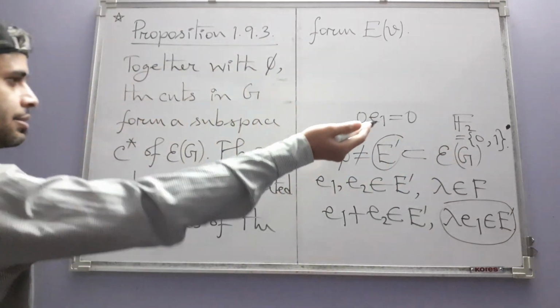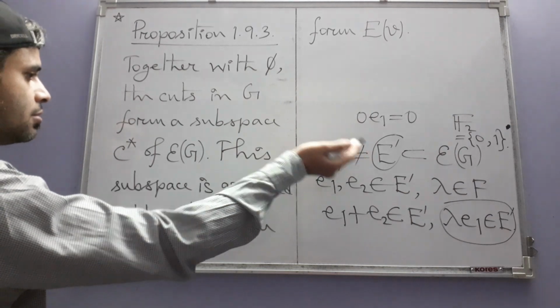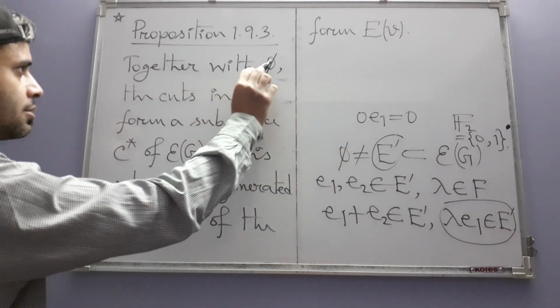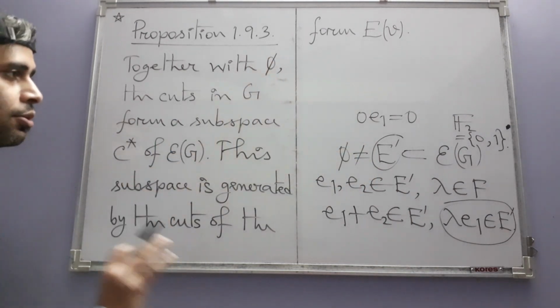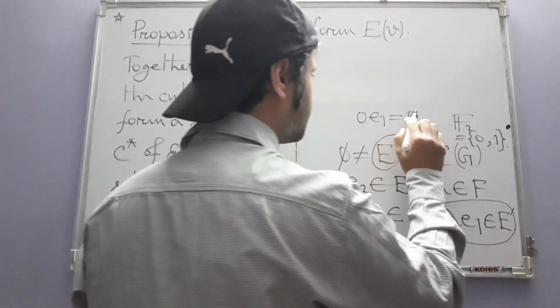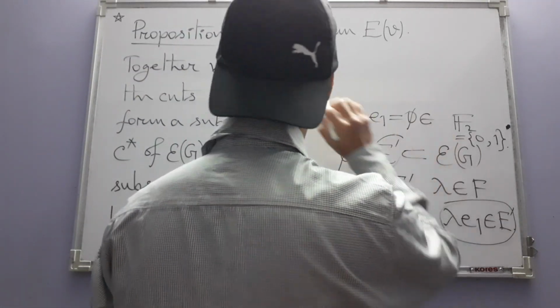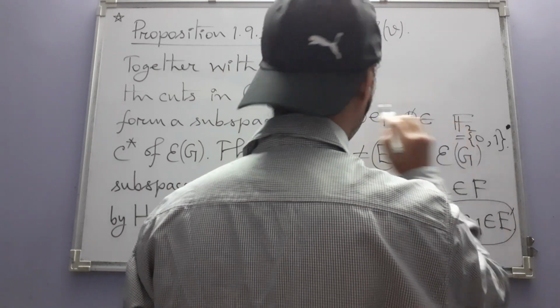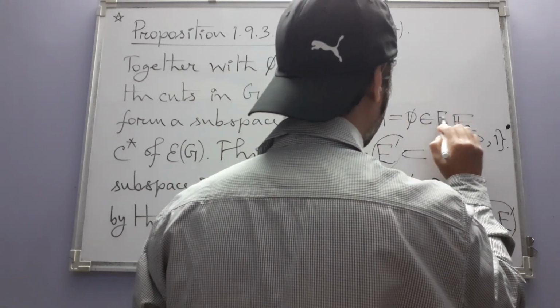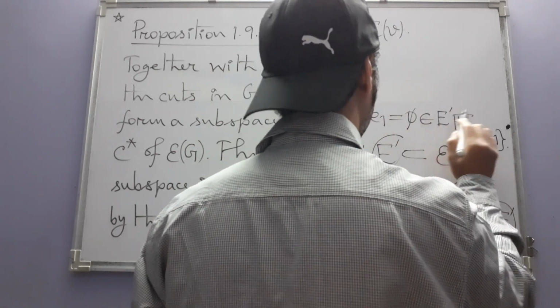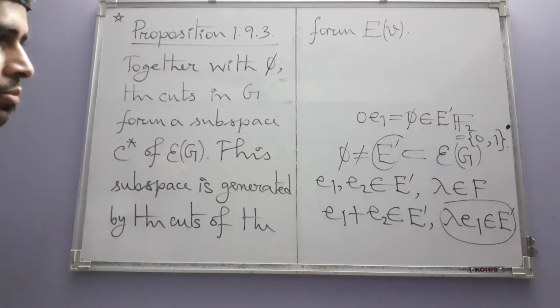Because as I said, our 0 vector in the edge space is the empty set having no edge, and this already is in the set that is given here. Let us call that also E prime.